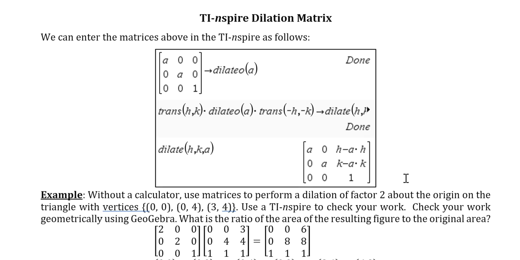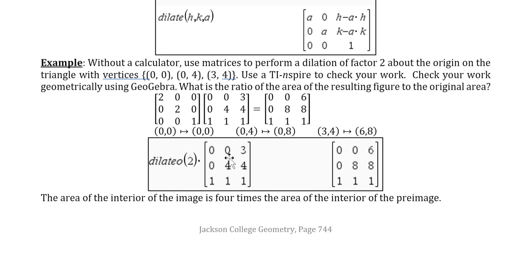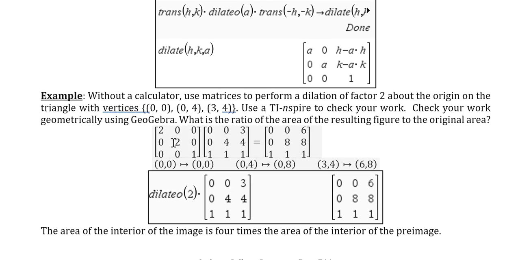All right, you're back, so hopefully you've done this yourself. The matrix is going to be 2, 0, 0, 0, 2, 0, 0, 0, 1. We're going to multiply that by the point matrix. X coordinates are 0, 0, 3, Y's are 0, 4, 4, and you always have 1, 1, 1 at the bottom.